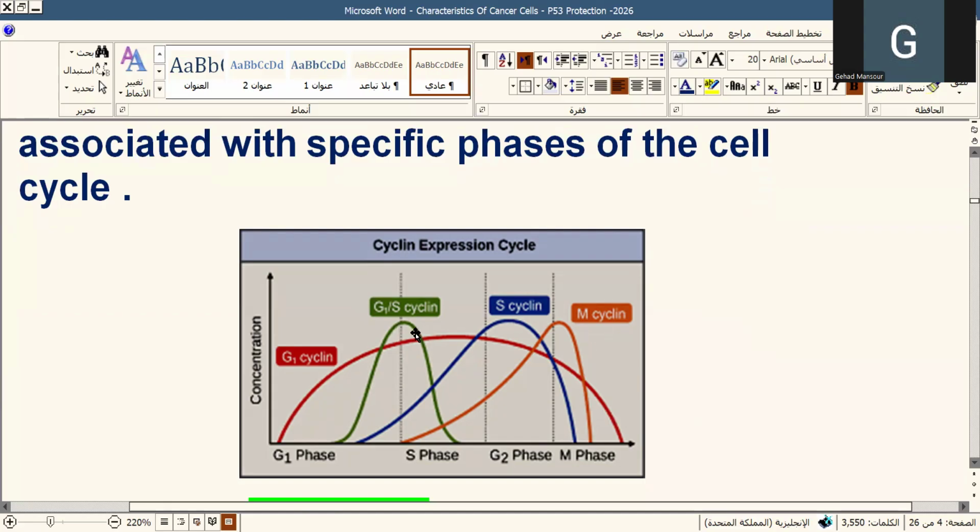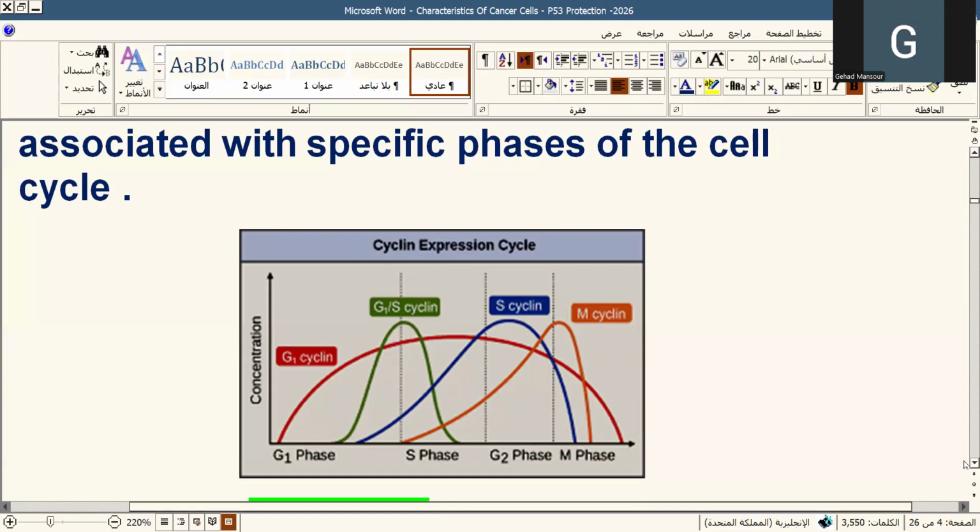There are cyclins that peak at the junction between growth 1 and synthesis phase. There are other cyclins that peak during the S phase. There are a third group of cyclins that peak during the M phase, and this is normal because we have just said that every one of these is a checkpoint.